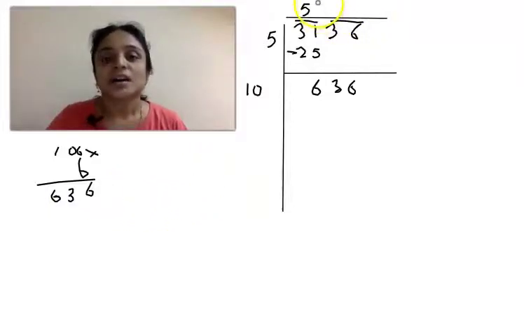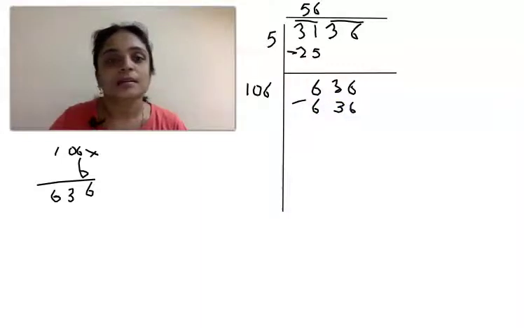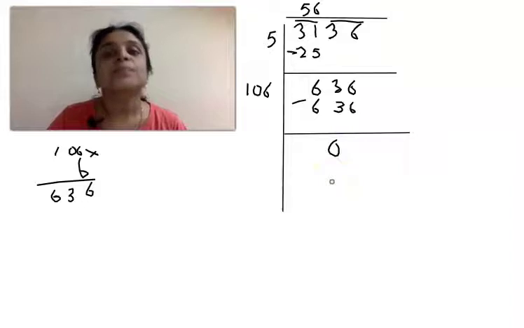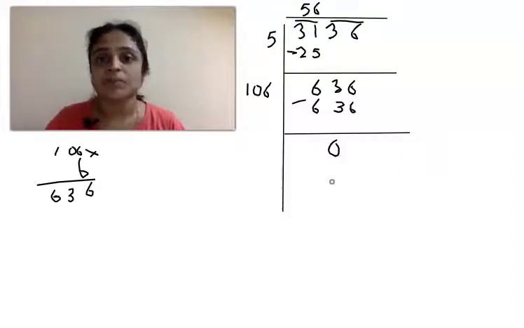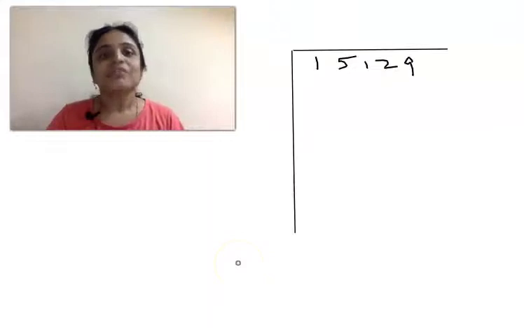So, here we can write 6 and minus 636. This is 0. That is, remainder is 0, which means square root of 3136 is 56 and 3136 is a perfect square. Okay, understood?